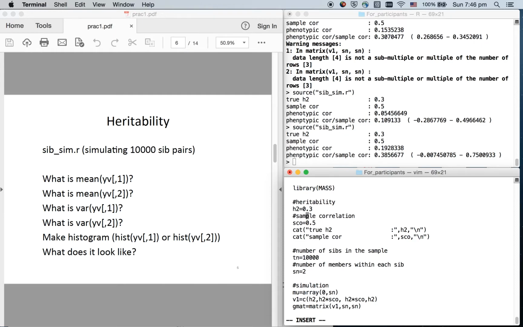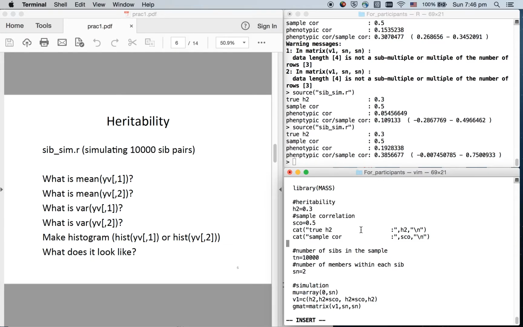We simulated heritability as 0.3. This is the true simulated heritability. And for the sample correlation, first we give 0.5. So this is like full sibs or dizygotic twins. From this, we know the true heritability, right? That's what we simulated, and the sample correlation is 0.5.